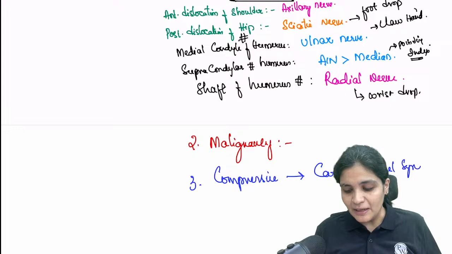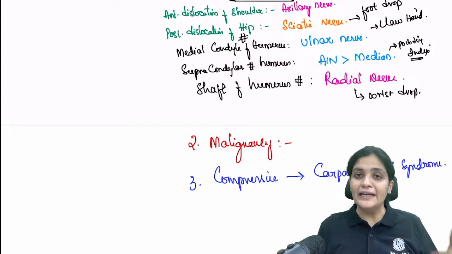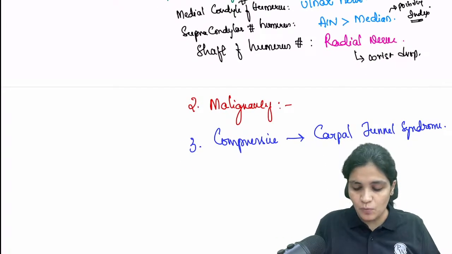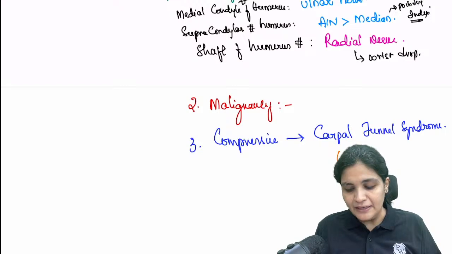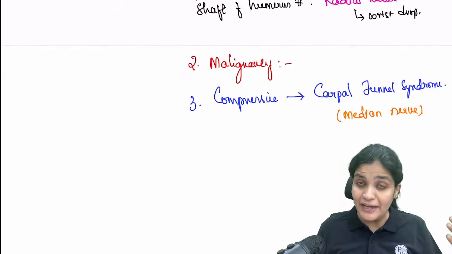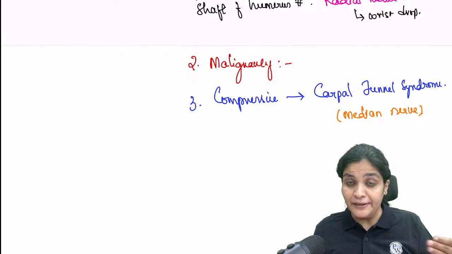In that, the patient comes only with the symptoms of median nerve palsy, because which nerve is involved in carpal tunnel syndrome? It is the median nerve, right? So she will come with only complaints of median nerve. Then you have to imagine that it is because of carpal tunnel syndrome.